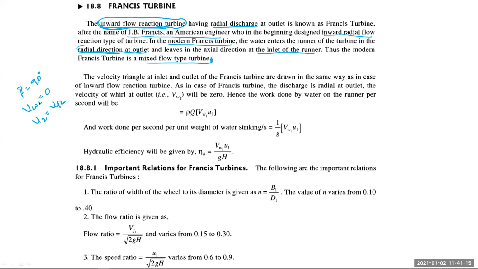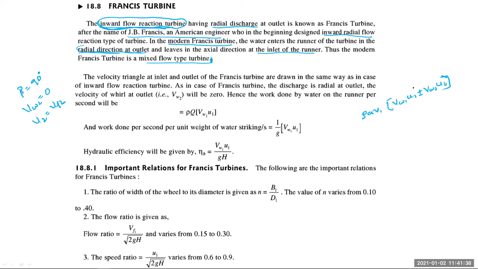If you remember the work done, what is the formula we were using? We were using rho A V1, this is the mass flow rate, for the momentum change. So VW1 U1 plus or minus VW2 U2, this we are using.